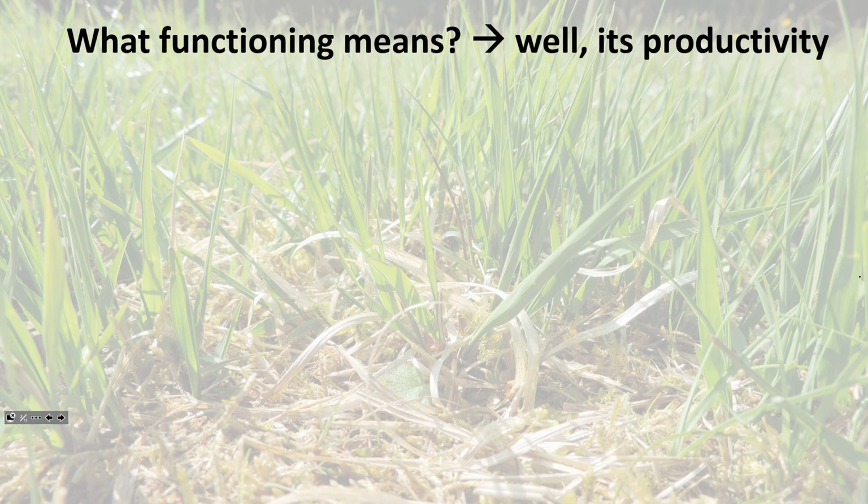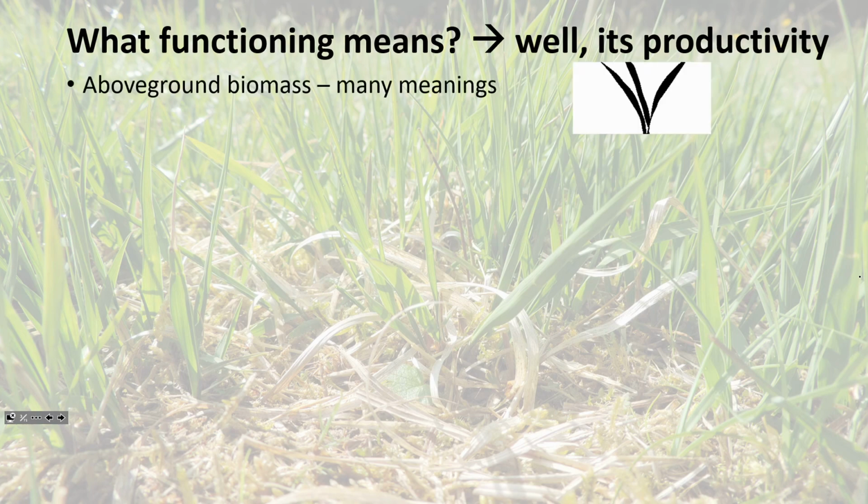Okay, so those are the two big topics of this presentation, but what do I mean by the terms I used? What functioning means: typically, it's just above ground productivity, and more specifically, above ground biomass. Most of the studies are using above ground biomass as some surrogate for functioning, for one function.